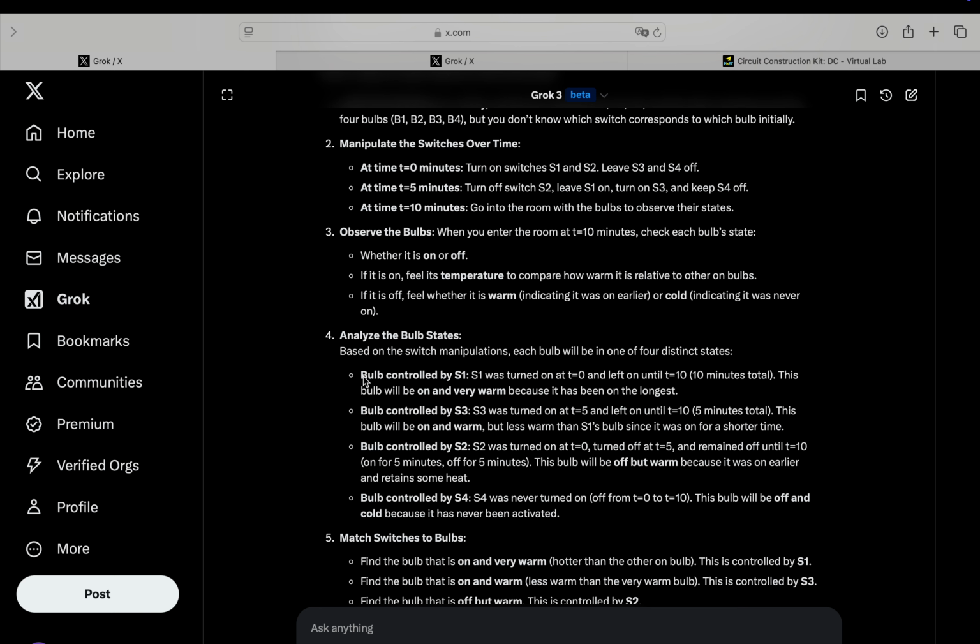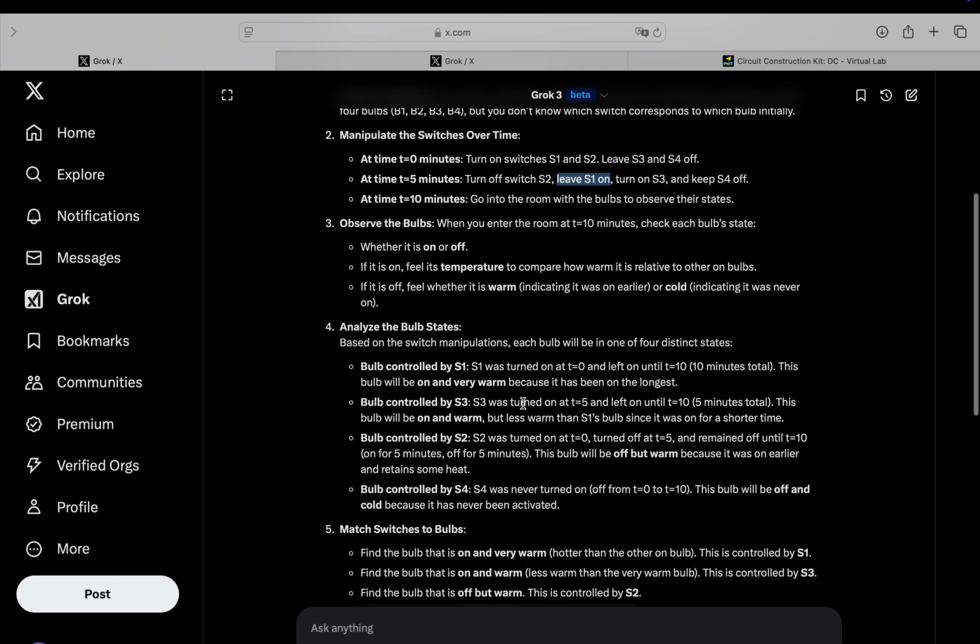So the bulb controlled by S1 is turned on at time equals 0 minutes and left on until 10 minutes, total 10 minutes. Yeah, switched on and left on, so that means it's not switched off. This bulb will be on and very warm for sure, for 10 minutes, the longest.